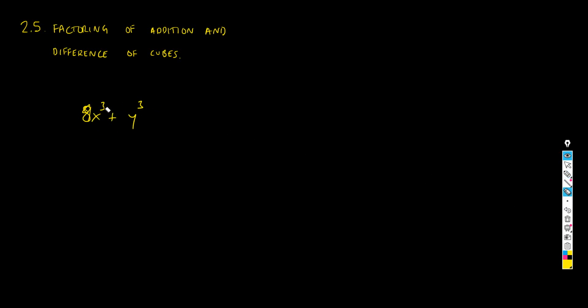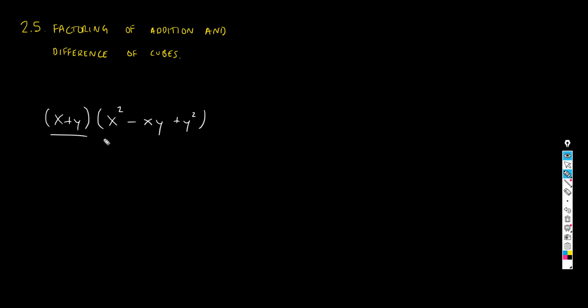So what is the formula for factorizing a difference or an addition of cubes? Some people discovered a long time ago that when you multiply these two factors, x plus y times x squared minus xy plus y squared, we have two factors.